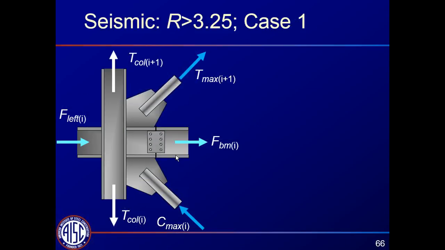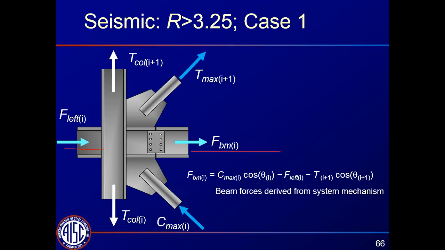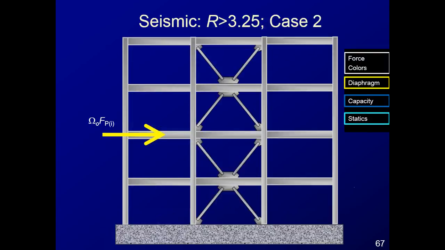So here we go. We've used statics to solve for these forces, and it's consistent with the story mechanism, so we don't need to apply omega sub O. Case two, we're bringing in the F sub P force.